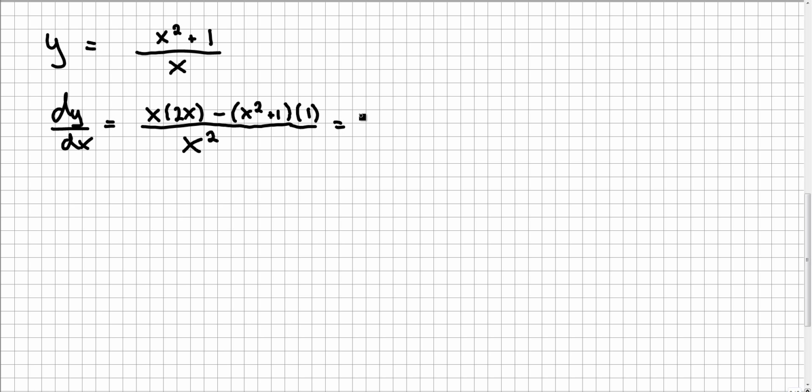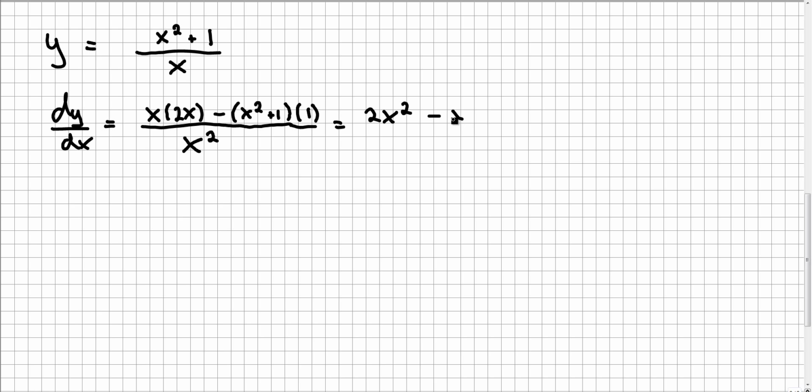It's going to be easy to simplify. So x times 2x is going to be 2x squared, and then how about we remove the brackets? Since this is times 1, it's not going to change anything, so we're going to change the sign. It's actually plus x squared here, so it's going to be minus x squared minus 1.